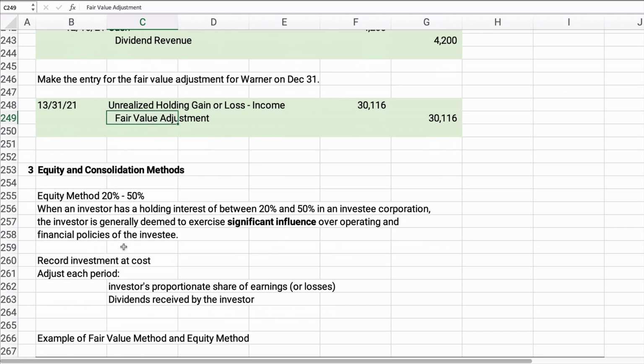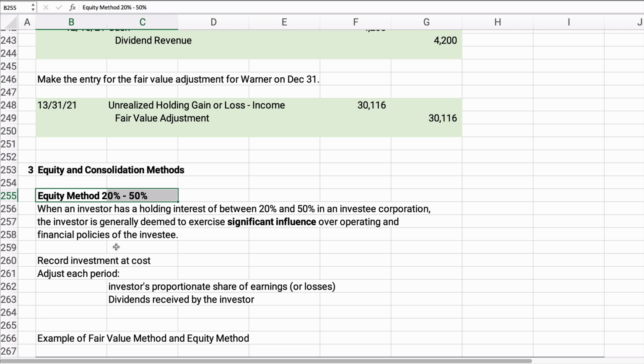Okay, let's look at the equity and consolidated methods for stocks. If you're an equity investor and you own 20% all the way up to 50%, then you have significant influence, and that's a phrase that the FASB has talked about, and so you have to use the equity method. Now the equity method is a little bit different.